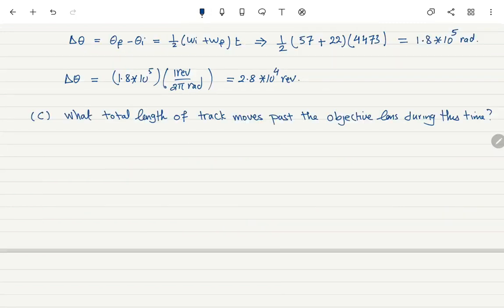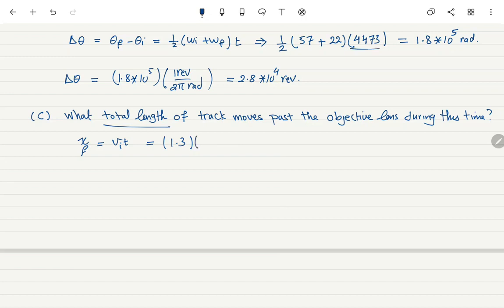What total length of track moves past the objective lens during that time? Now in this case, since it's asked for total length, we need to find the translational distance, so x final equals the initial t, which equals 1.3 times the total time in seconds.